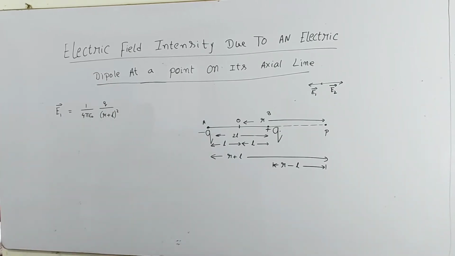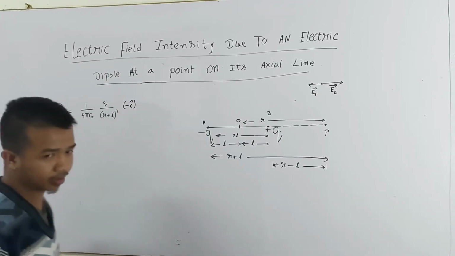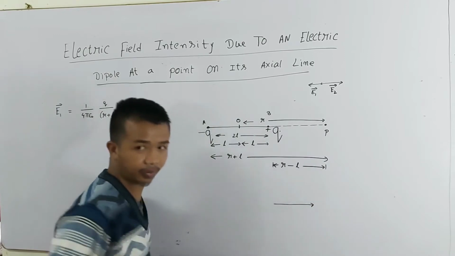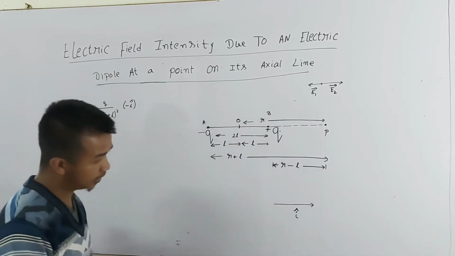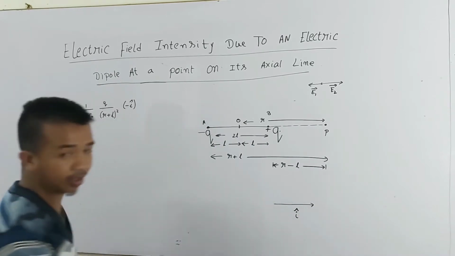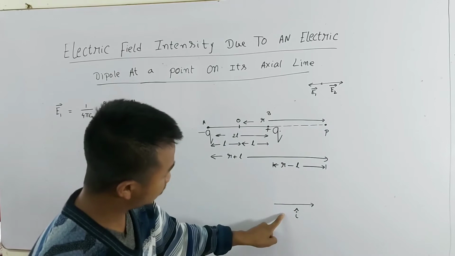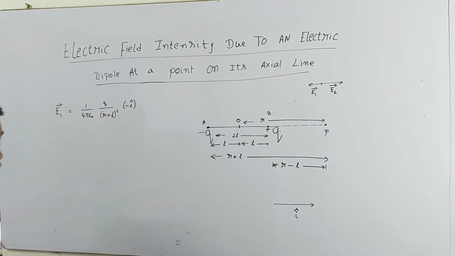In which direction? I can write minus i cap. Let us choose that if it is in this direction, the unit vector is i cap. Then opposite to i cap is minus i cap. So E1 is opposite to i cap. So we can write minus i cap. That's the direction of E1.